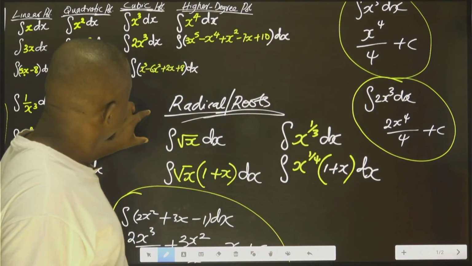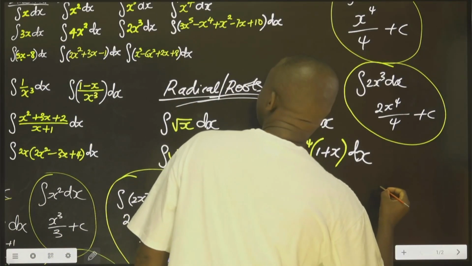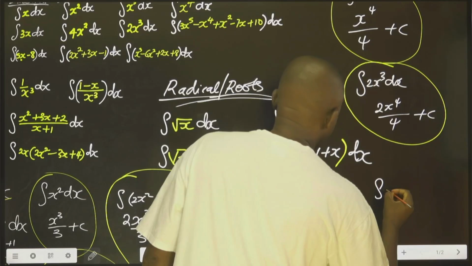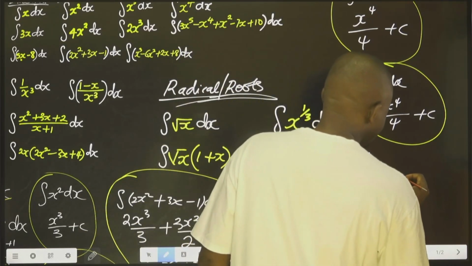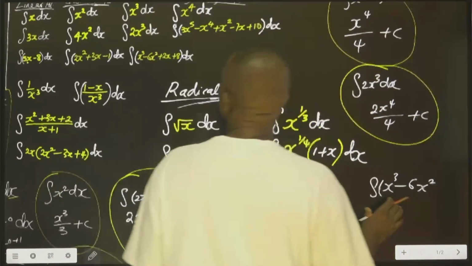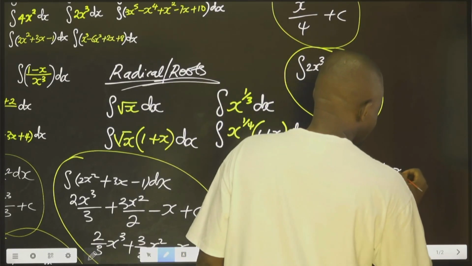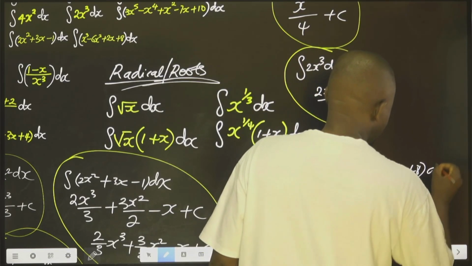For this one, that is the integral of x³ − 6x² + 2x + 8 dx.